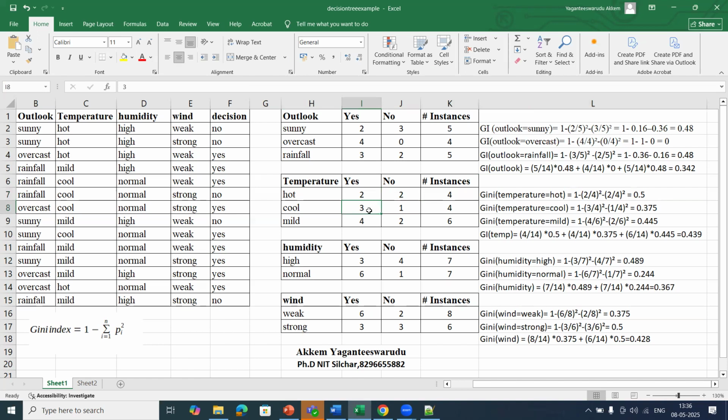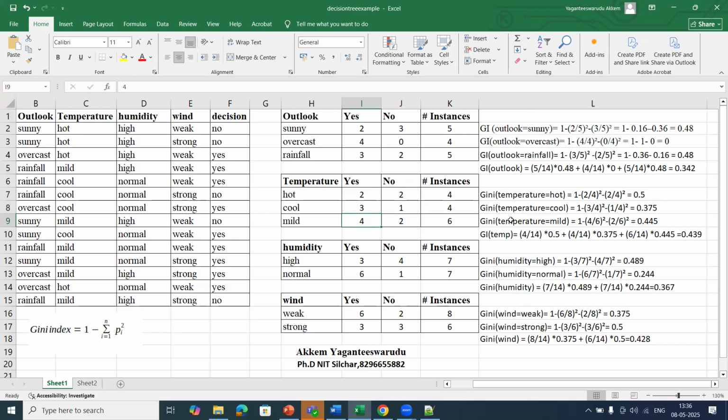And similarly for cool, it is 1 minus 3 by 4 whole square minus 1 by 4 whole square. The probability for yes is 3 by 4 and for no is 1 by 4, that is 0.375.